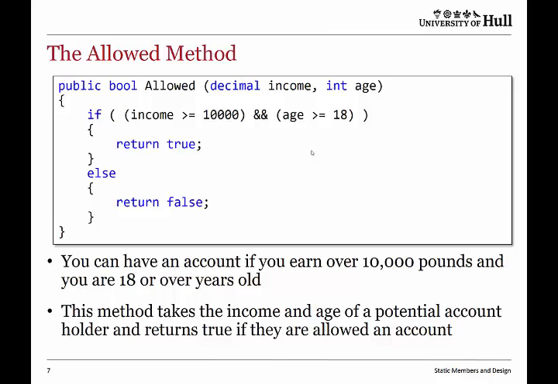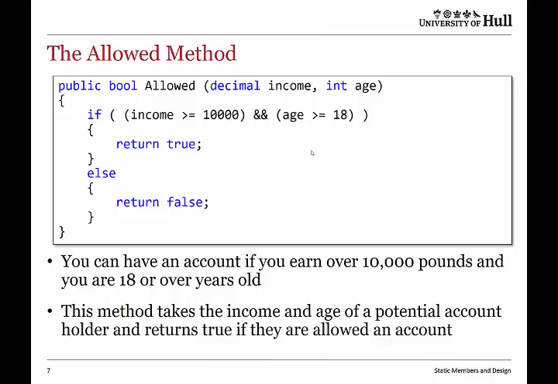That lives inside my class, and it determines whether or not we can have an account, correct? So when I construct the account, I have to tell it the name, and the age, and the income of the person I'm making the account for. And if I give it those three bits of data, if the age is too low, or the income is too low, in other words, if this thing returns false, we throw an exception and blow up.